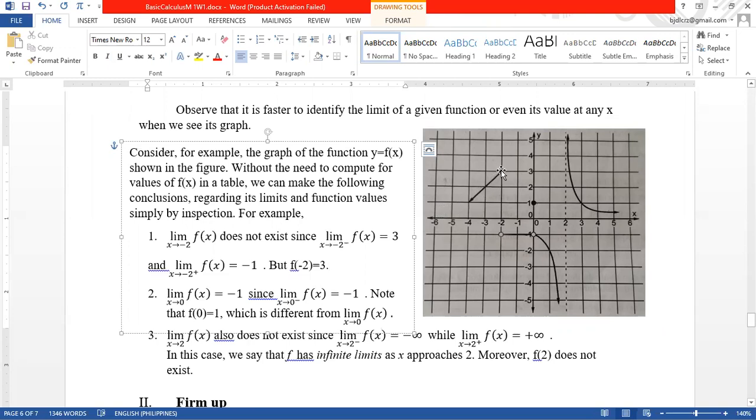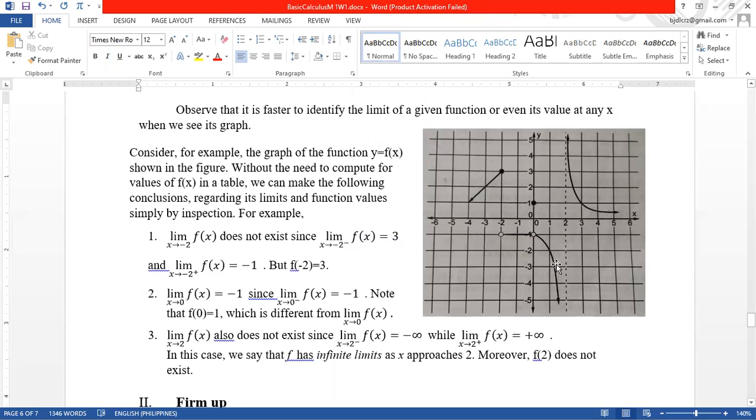Ang iyahang x is negative 2, but then ang iyahang y is naa siya sa 3. So muna atong gibutang is 3 ang f of x. Next, the limit of f of x as x approaches negative 2 from the right is equal to negative 1 daw. So from the right, dire.